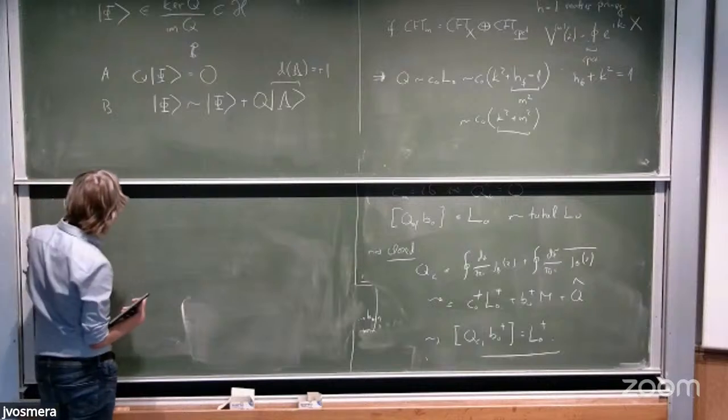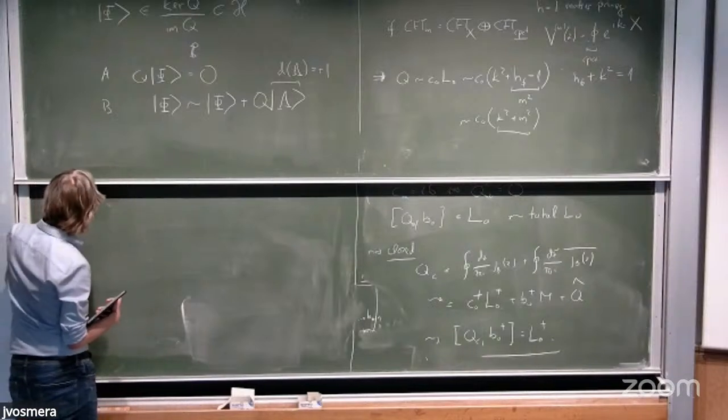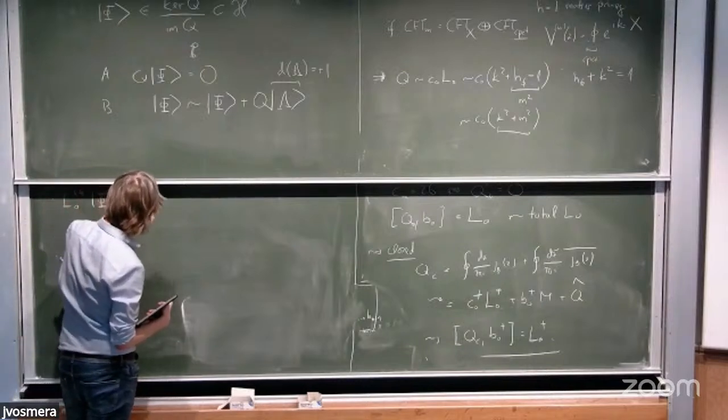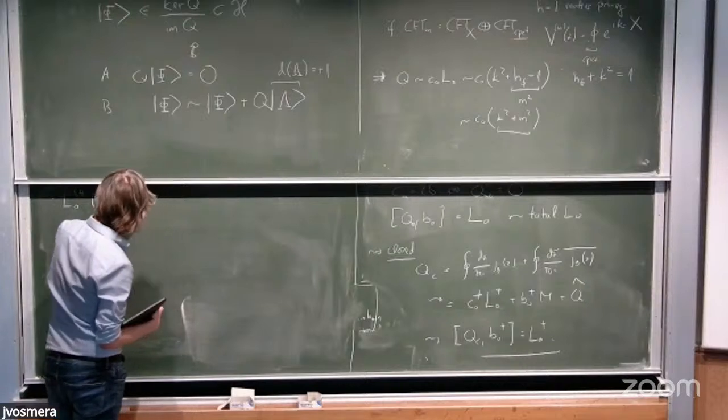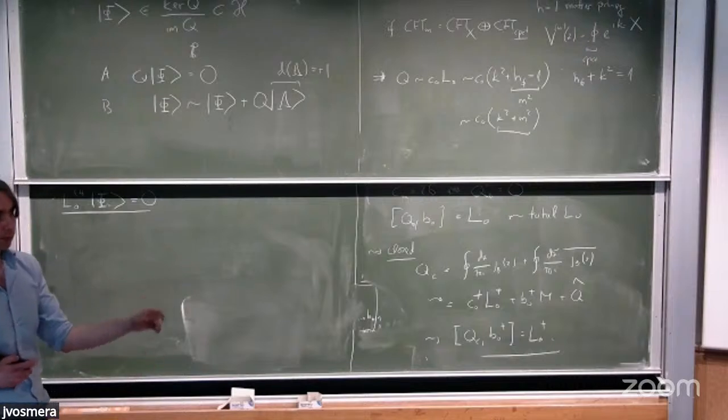In the closed string case, it will be annihilated by L naught plus, right? Can you remind me what L naught plus is again? L naught plus is just L naught plus L naught bar. So it's an operator whose eigenvalues will be the scaling dimensions in the closed string.